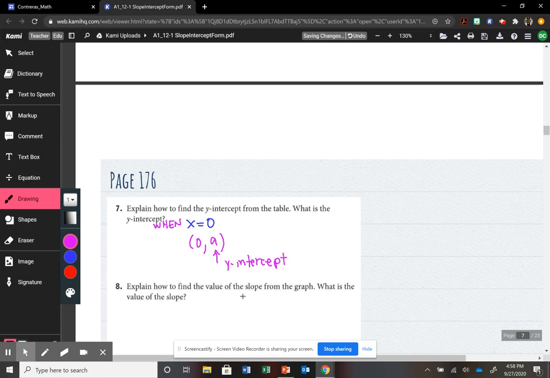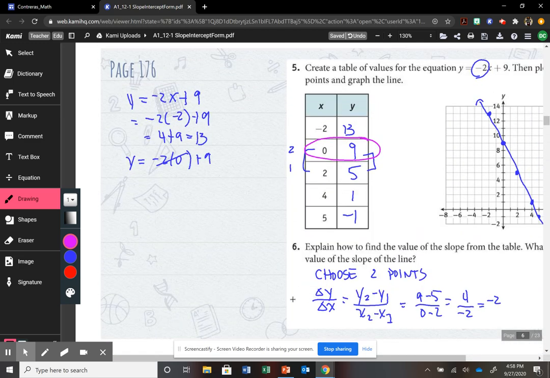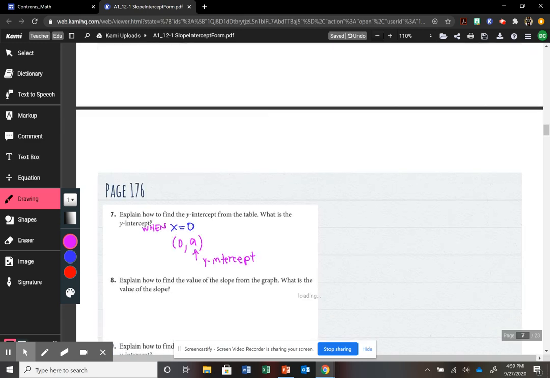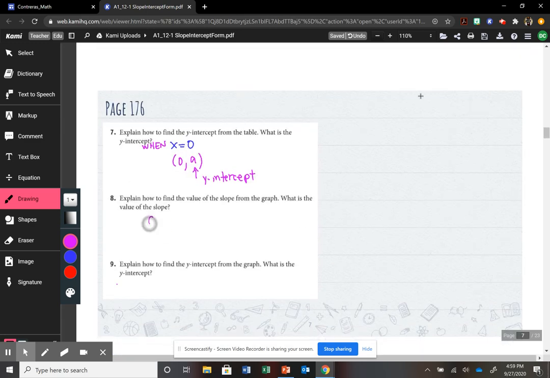Explain how you would find the value of a slope from a graph. Okay, so if we had our graph here, it's similar: you find 2 points. For example, I could use these 2 points right here. And then I find the change of y over the change of x.